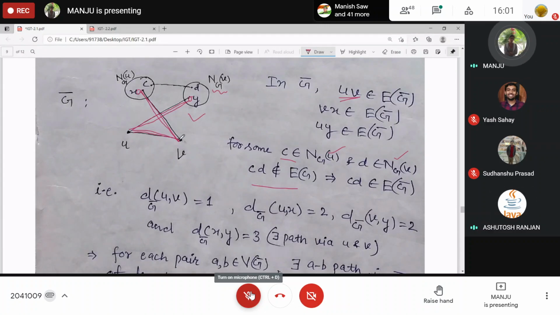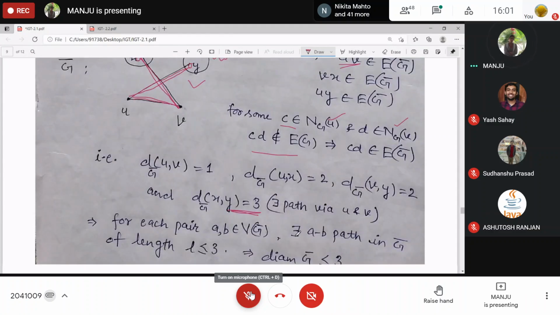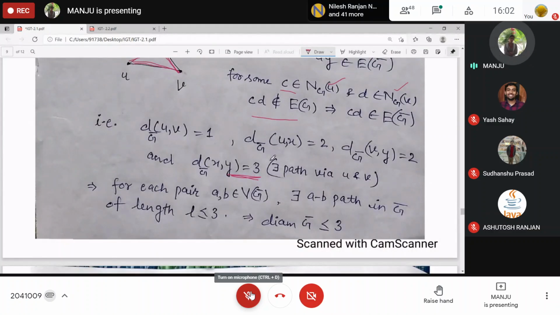X to V, V to U, U to Y. Clear? So the distance from X to Y is 3. Now for each pair, the distance is either 1, 2, 2 or 3. So what can be the maximum distance? 3, right? 3 will give you the diameter. That can be at most 3, right? Is there any doubt?